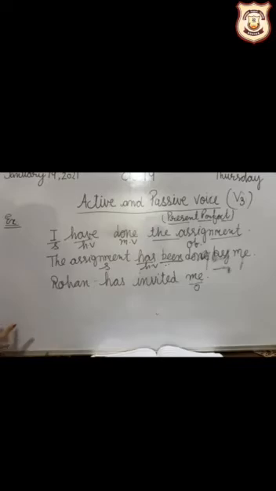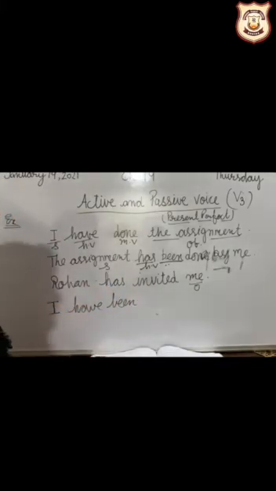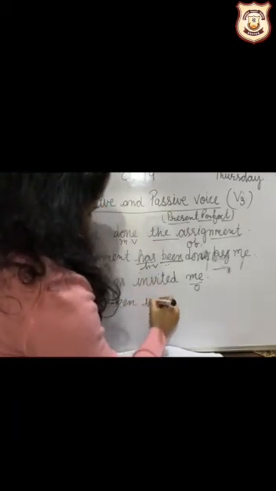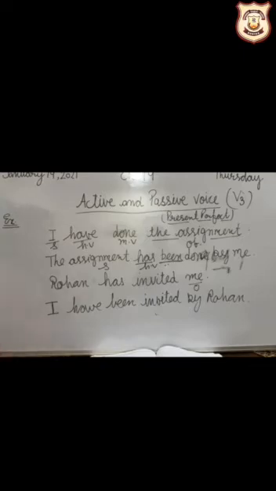Me has been invited by Rohan? No. For me we will use I, the subjective pronoun. I have been. Remember, it is present perfect tense, V3 is already given, so we have to add been here. So I have been invited. We know that in perfect tense we use V3. So I have been invited by whom? By Rohan. Isn't it simple? So you can easily convert it.